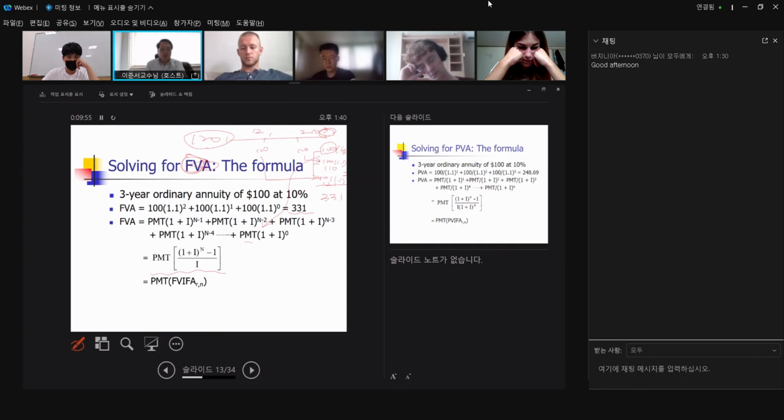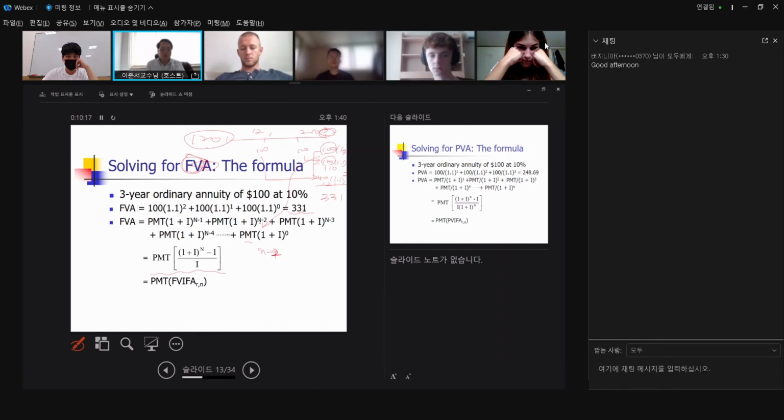And the next term is what? 100 times 1.1. How can we express this equation? Payment times (1 plus i) to the power of n minus, for example, this is 3 years, then n minus what? n minus 1, right? n minus 1 is 3 minus, no, n minus 2.